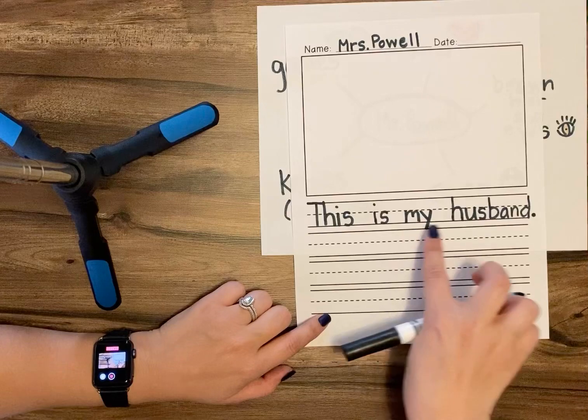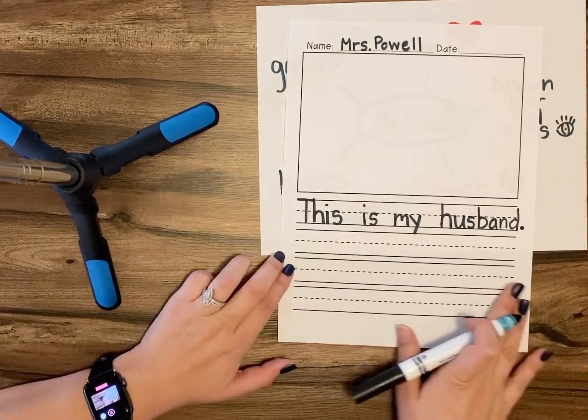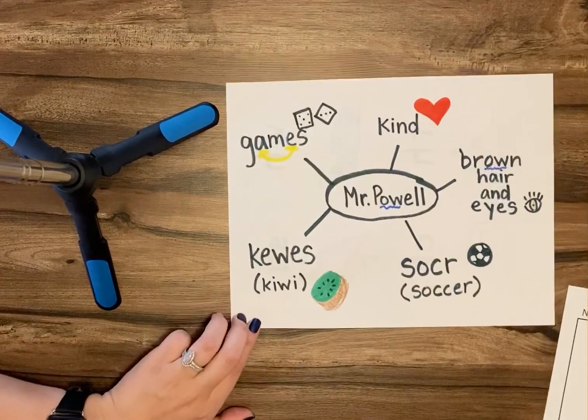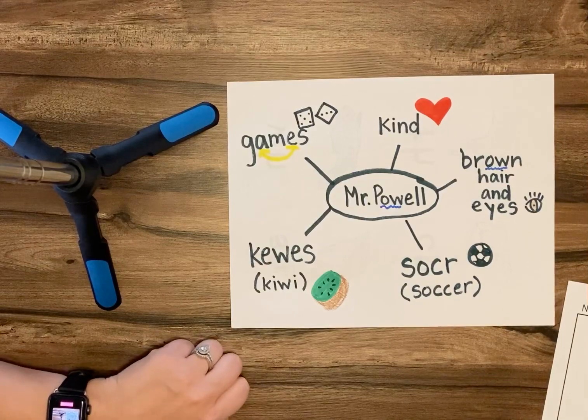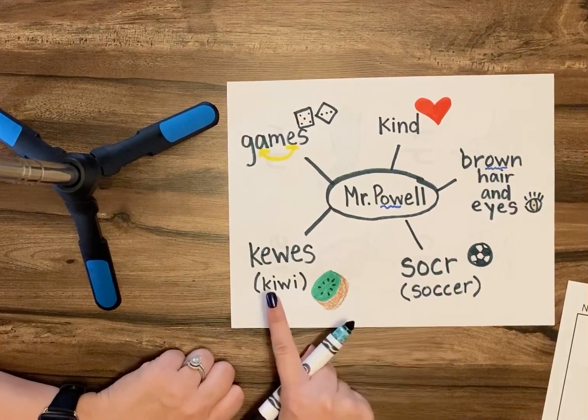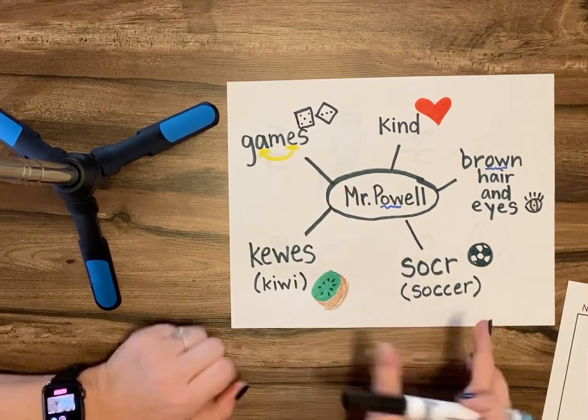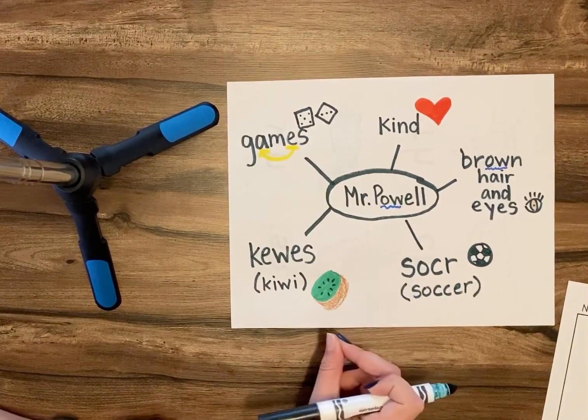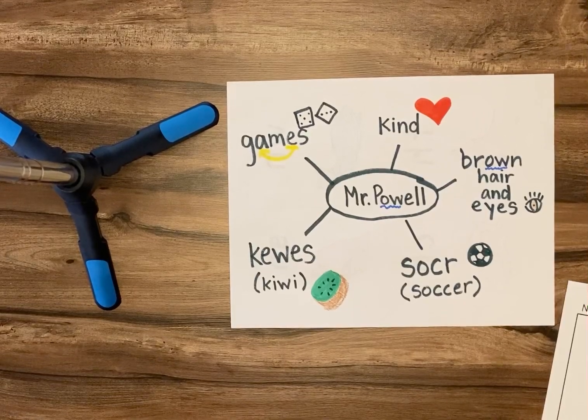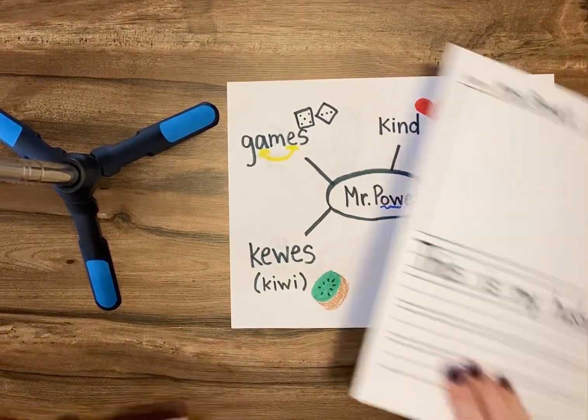Okay, now I'm gonna look back at my chart and look at some of the things I learned about him. Oh, I know. These were both things that he liked. I bet I could choose both of these and make one sentence using the sight word and. Okay, let me write about what he likes.